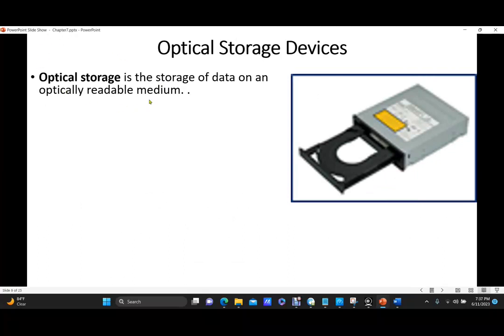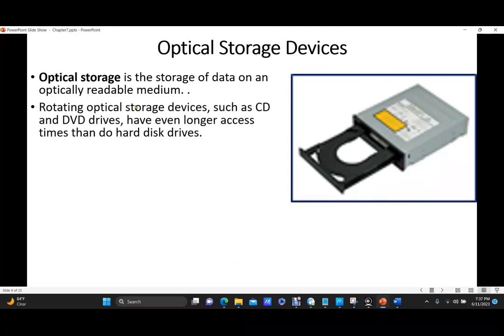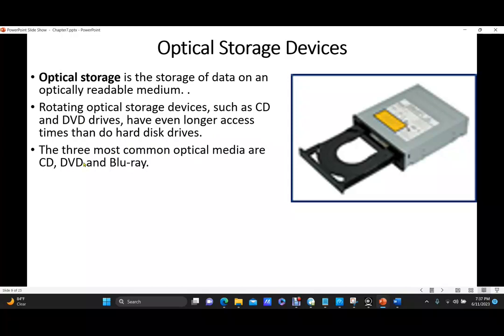Optical storage is a storage of data on an optically readable medium. Rotating optical storage devices, like CDs and DVD drives, have longer access times than do hard disk drives. The most common optical media are CD, DVD, and Blu-ray.